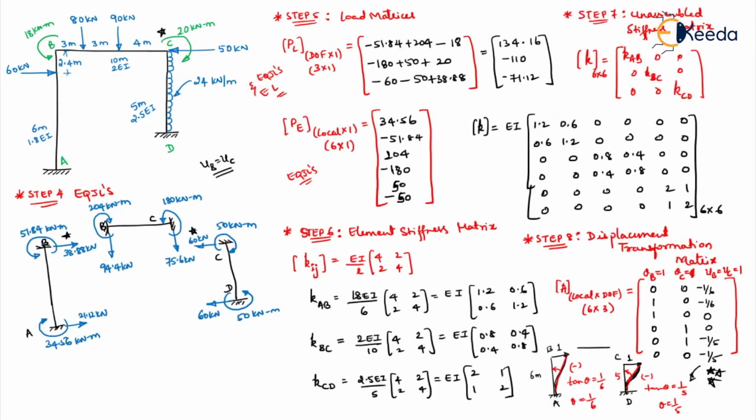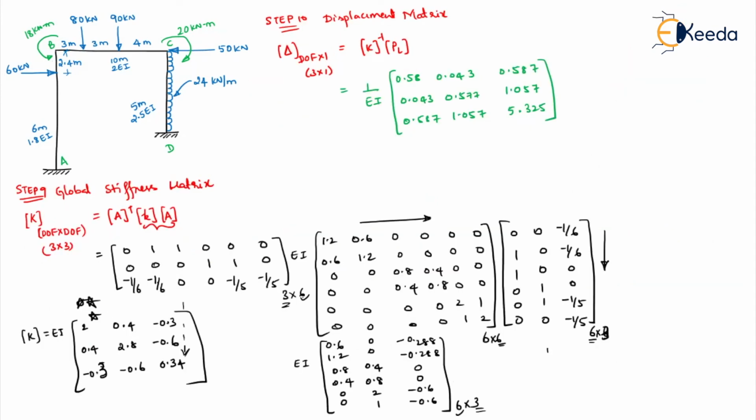What is your PL? Just check, here we have PL. So these are the values of PL: 134.16, minus 110, minus 71.12. Now this is a 3 into 3 matrix. This is a 3 into 1 matrix. These both are the same, so you get a 3 into 1 matrix. That's what we have. So it's EI, and your 3 into 1 matrix will be equal to how much?